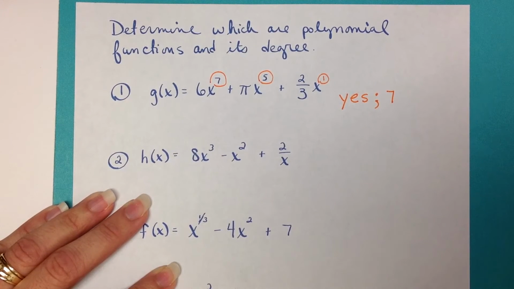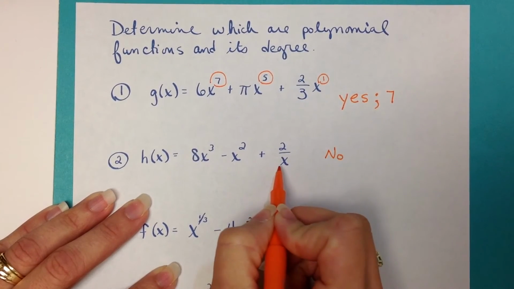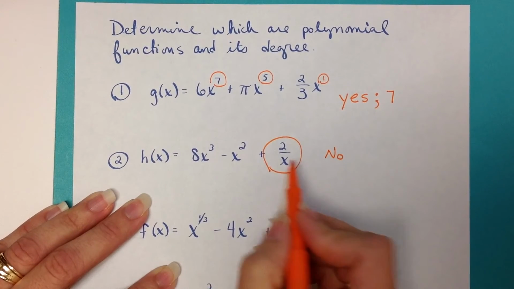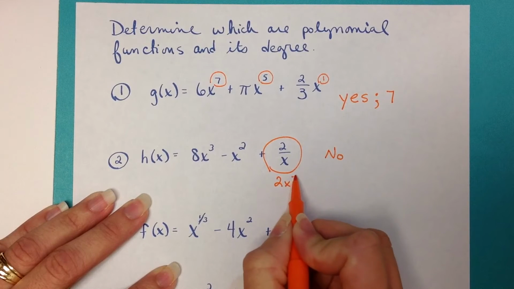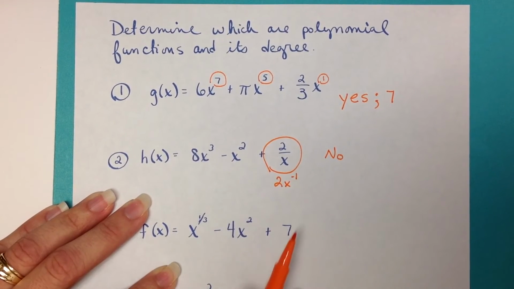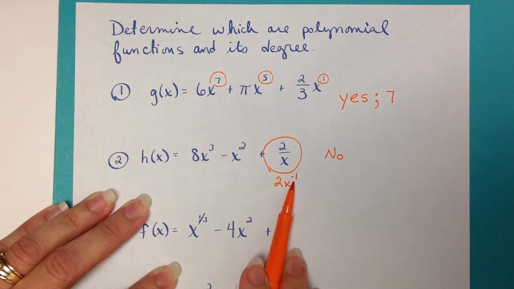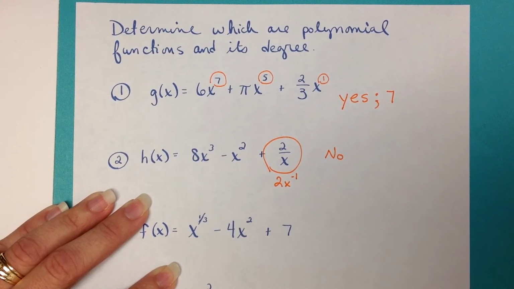Okay, on the next one, this one is not a polynomial, and it's this term right here that keeps it from being a polynomial, because if you were to rewrite this, this is the same thing as 2x to the negative 1. And as we talked about, your exponents have to be integers that are non-negative. So just the fact of having the variable on the bottom, that's another way of looking at it.